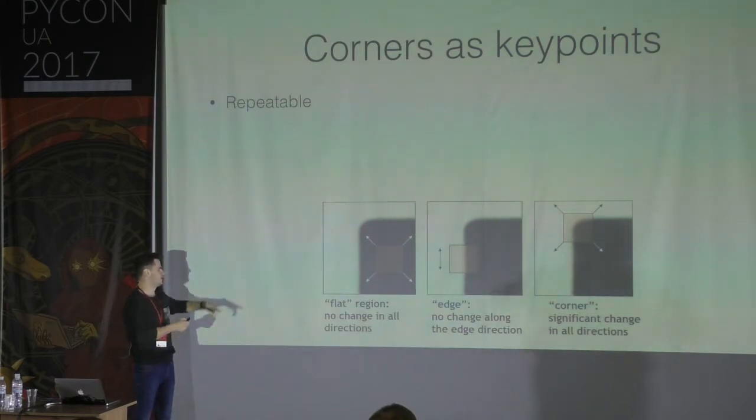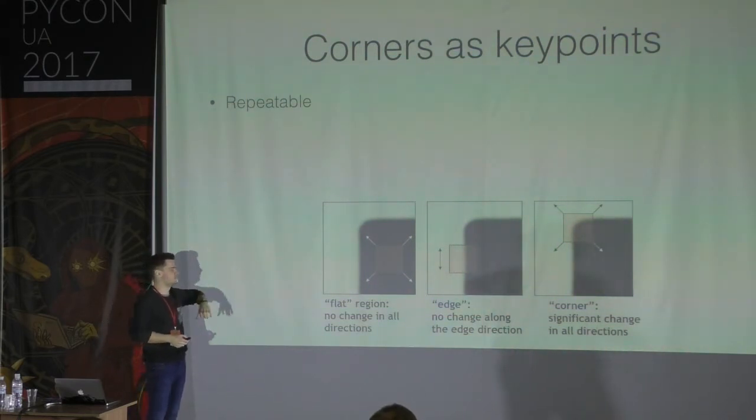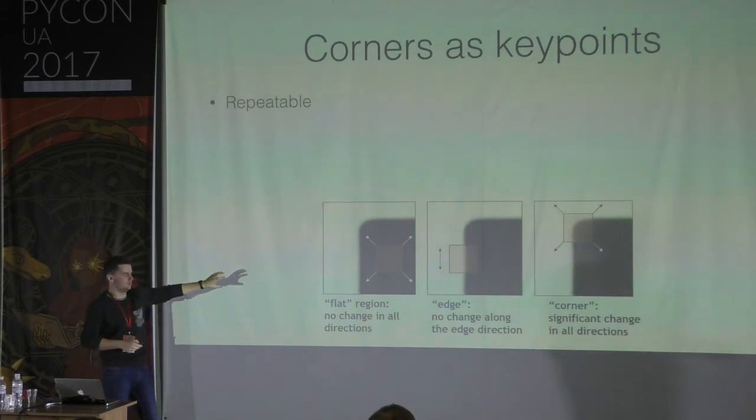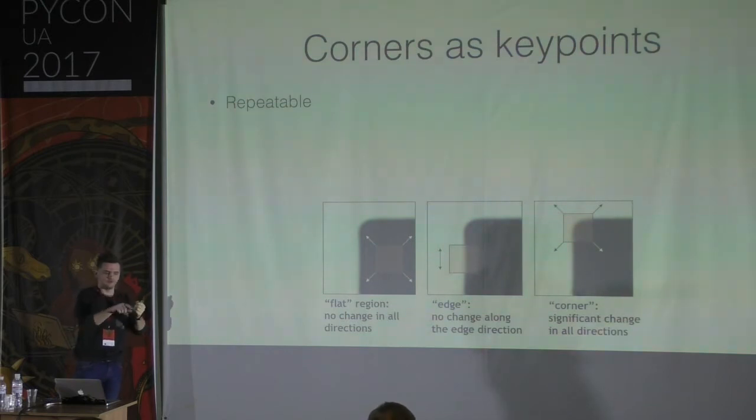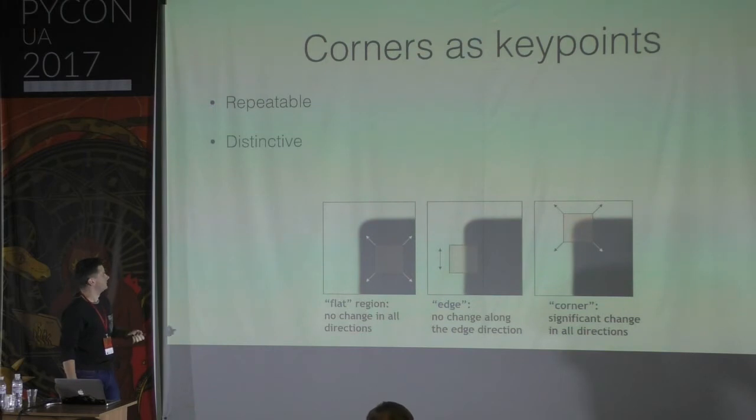On the edges, it's basically the same. You can move it up and down, but a corner is very distinct. If you move the patch a little bit in any direction, you already get a different picture. So it's repeatable. Even if you move the camera, the corners are still there. It's distinctive. We'll talk about it later.